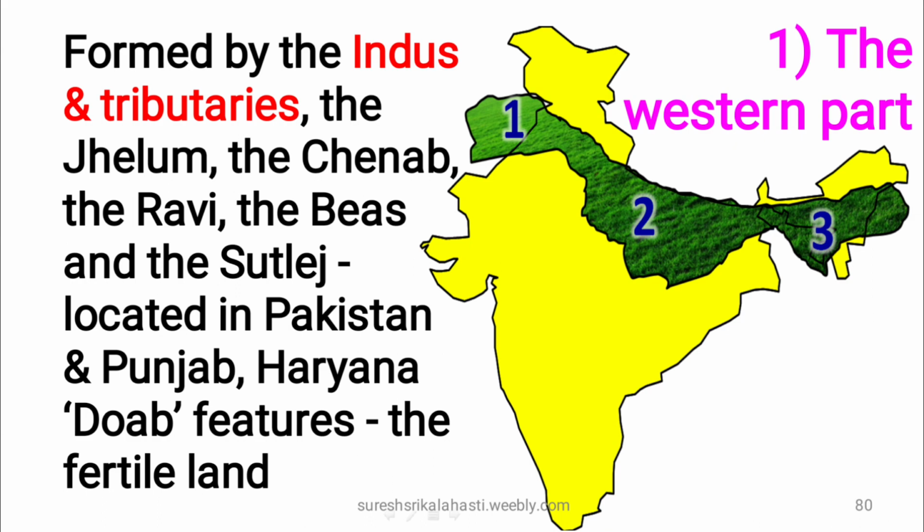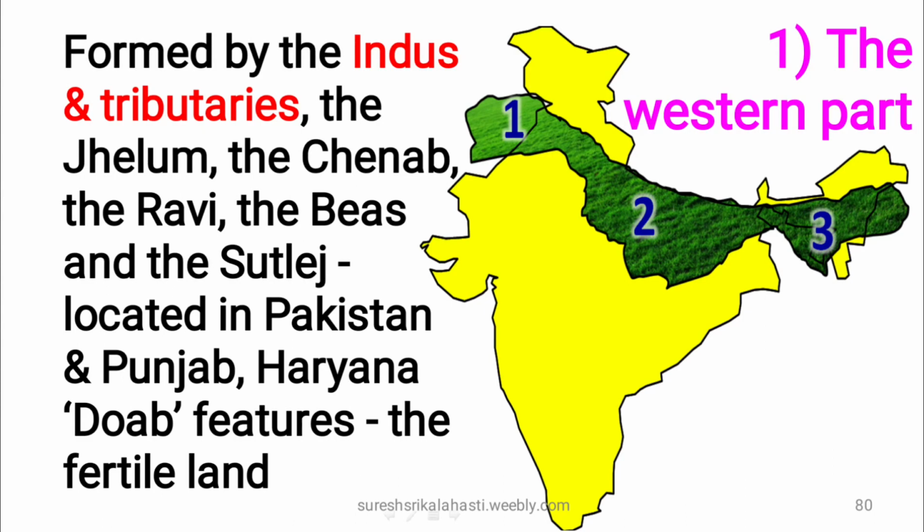First, that is the western part. So the Indus River has five tributaries. Those are Jhelum, Chenab, Ravi, Beas, and Satluj. By these five tributaries and the Indus, the western part is formed. It is mostly located in Pakistan and Punjab, Haryana.